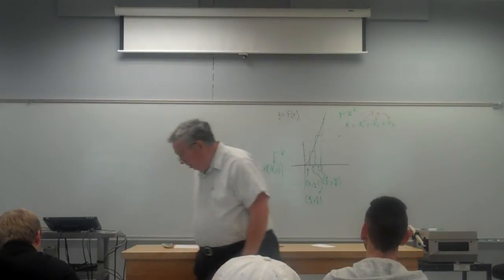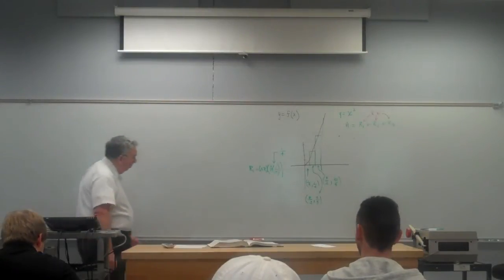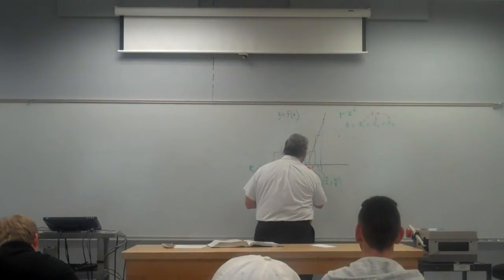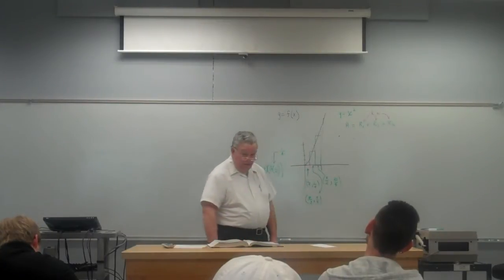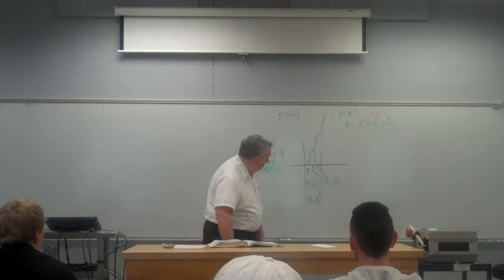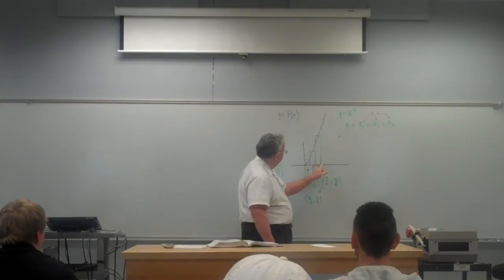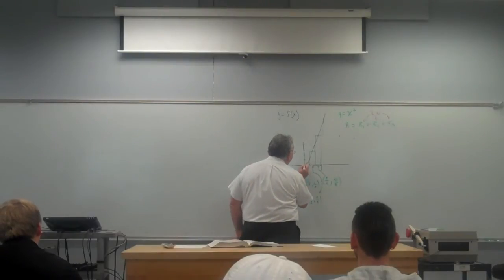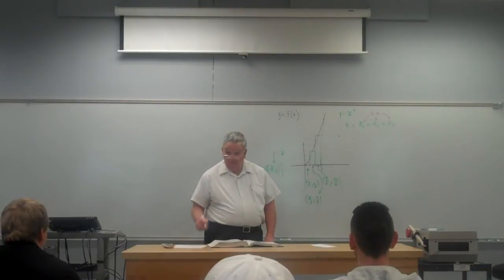I broke this distance on the x-axis up into 3 equal parts, right? If this is 1, 2, and 3, the distance from this point to this point is 3.